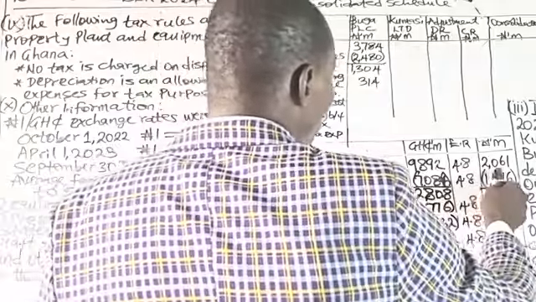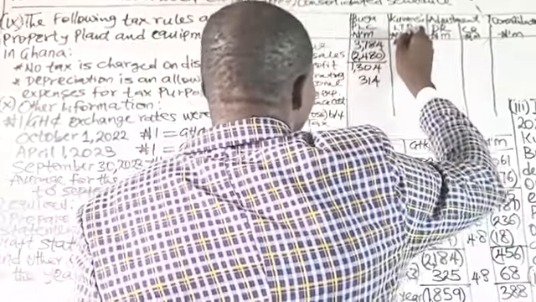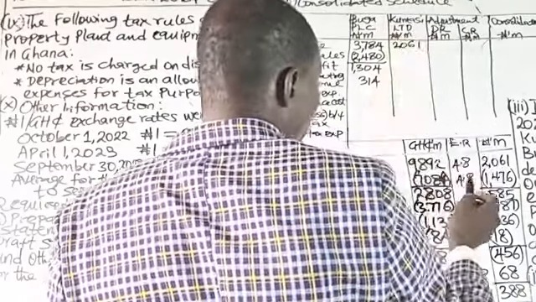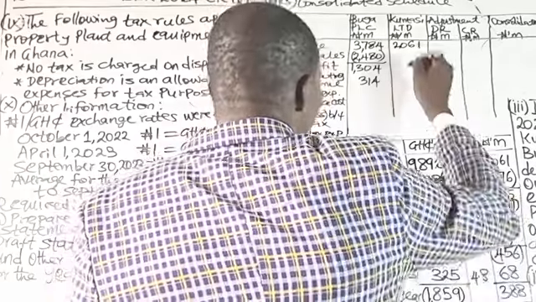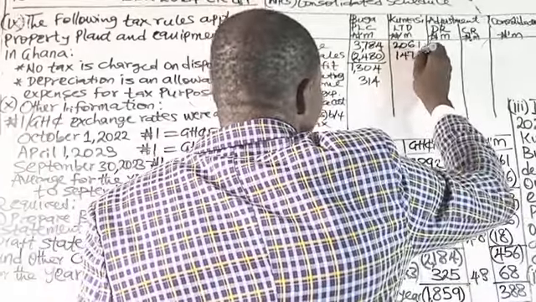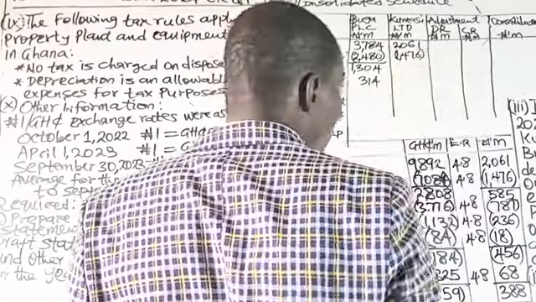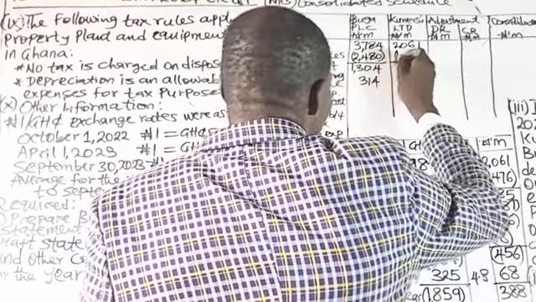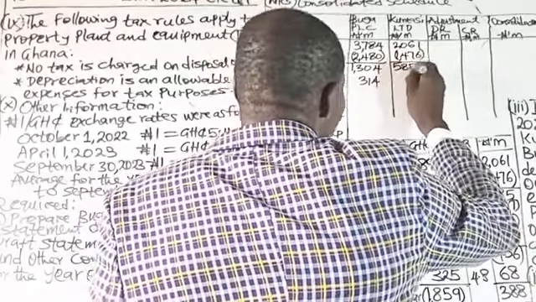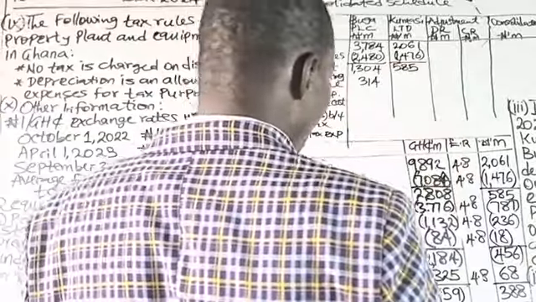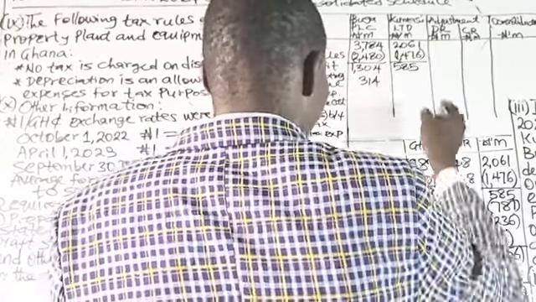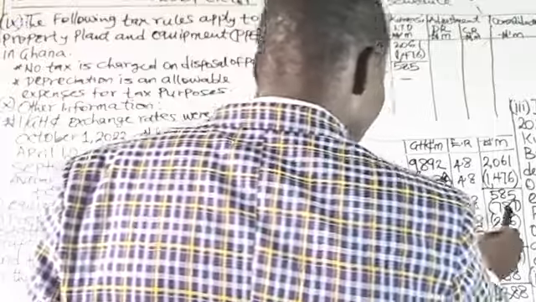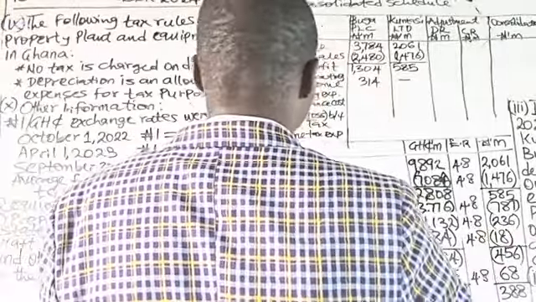Revenue of subsidiary 2061, cost of sales 1476, gross profit 585. Then other operating income of subsidiary is nil. Operating expenses of subsidiary 787.